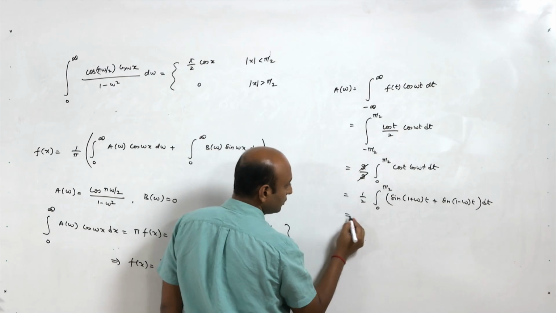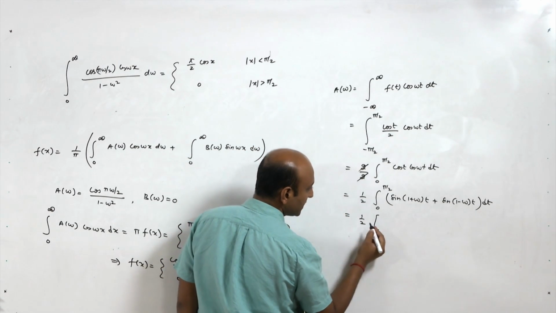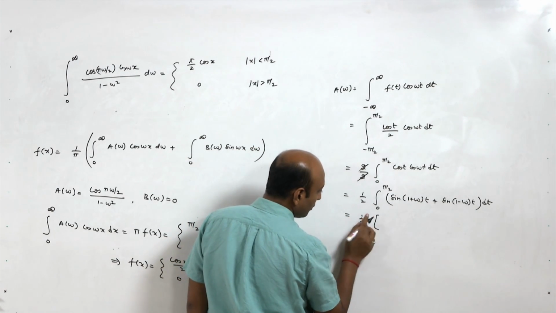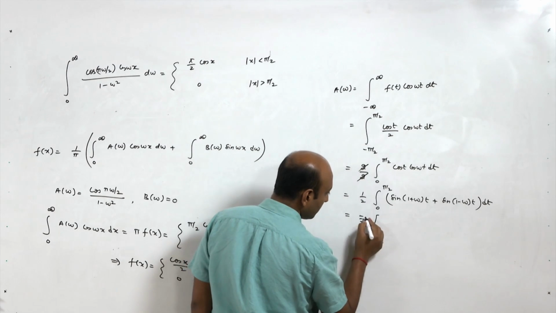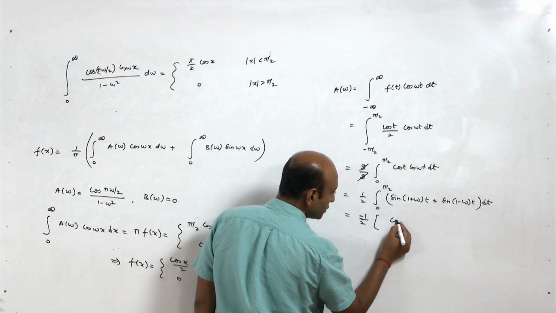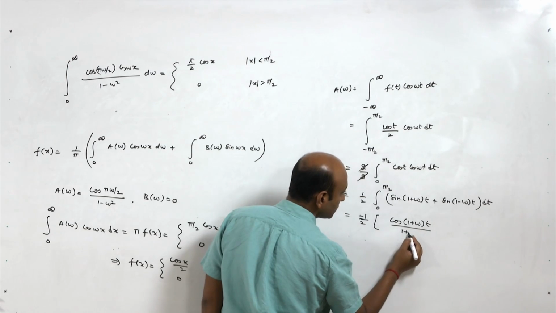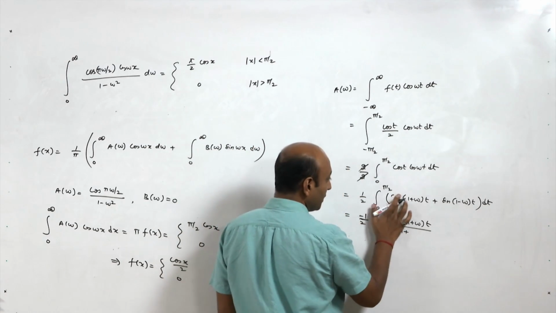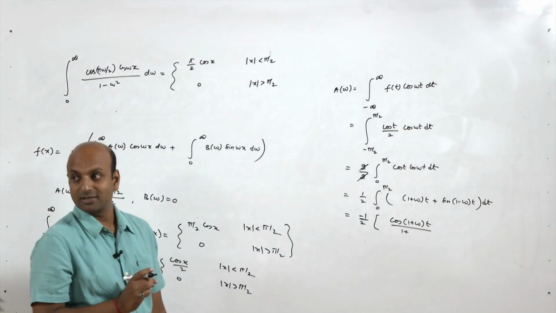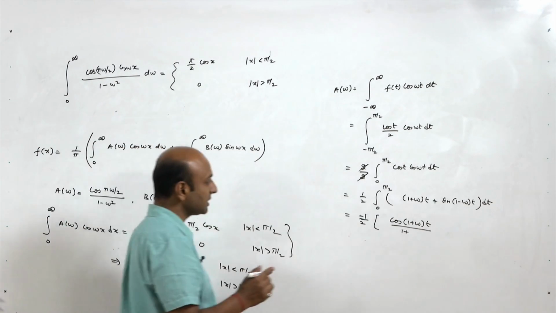It is equals to 1 by 2. Both will be cos, sorry, 2 cos a cos b is nothing but cos(a plus b) plus cos(a minus b).